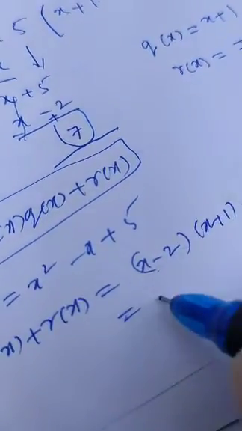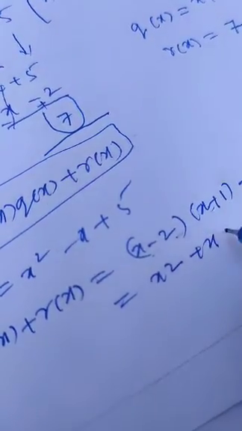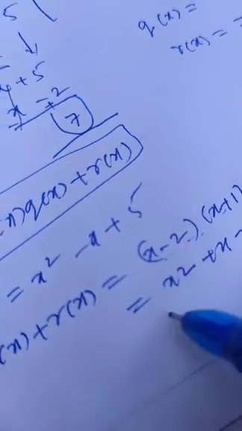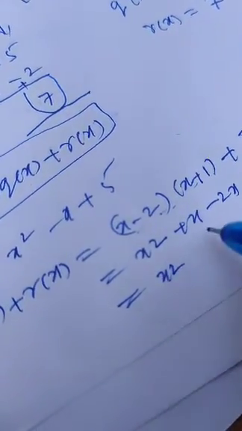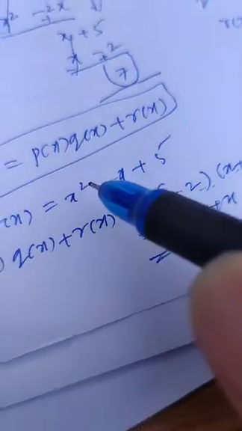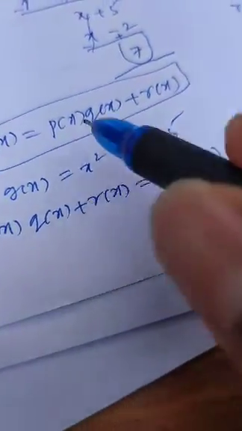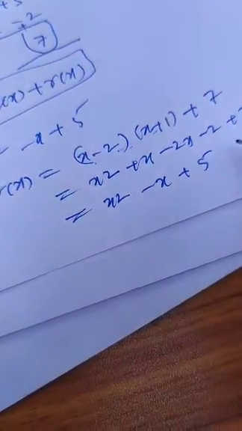Now multiply: x into x is x square, x into 1 is x, minus 2 into x is minus 2x, minus 2 into 1 is minus 2, plus 7. That implies x square minus x plus 5. So g of x is x square minus x plus 5, and by simplifying the RHS you got the same polynomial.